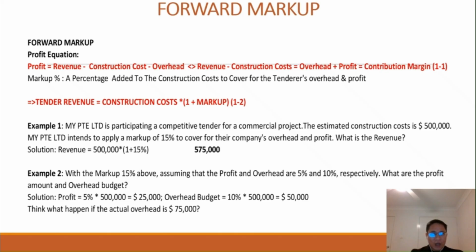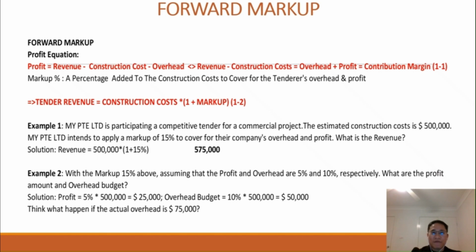We also need to know the markup percentage is a percentage added to the construction cost to cover the tender's overhead and profit. That means contribution margin. So the tender revenue, that means the tender we want to submit to the client, is equal to construction cost times 1 plus markup.